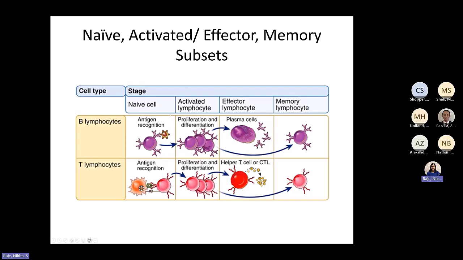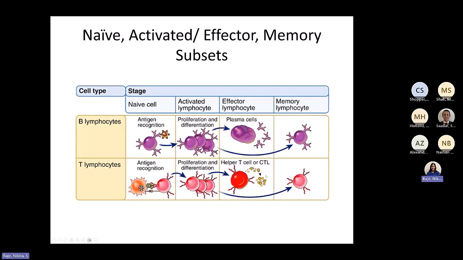So the naive T cells are recirculating from one lymphoid organ to another. When they come across the antigen, they will recognize that antigen, and if they get the activating signals, they'll get activated. Once activated, they'll undergo proliferation, make a clone, and then differentiate into their effector cell, so plasma cells for B lymphocytes, and either a CTL or a helper T cell in T lymphocytes.